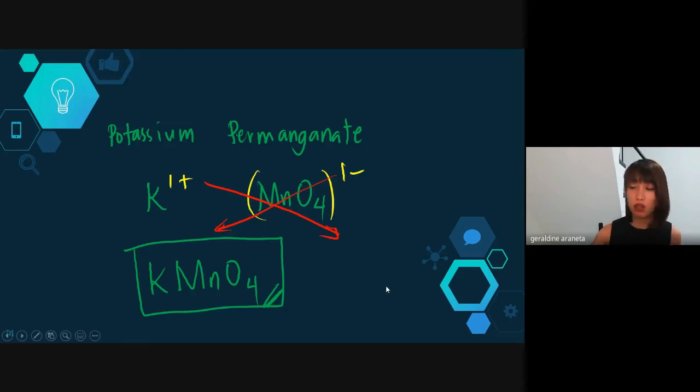So then we crisscross both, naka-parenthesis pa rin si permanganate. Then, ayun, hindi na natin sinulat si 1 since 1 lang naman siya. So the chemical formula for potassium permanganate is KMnO4.